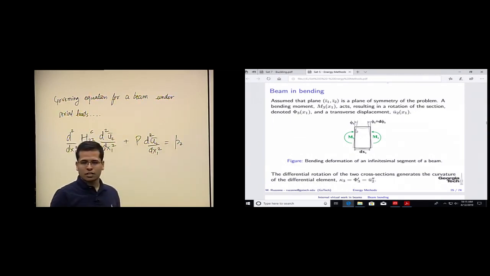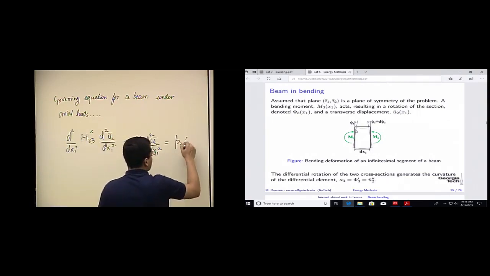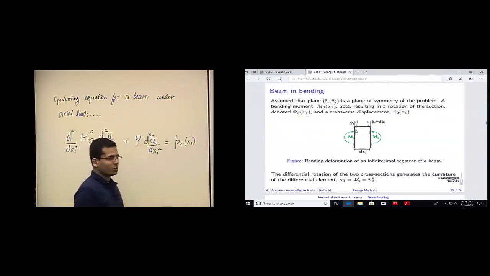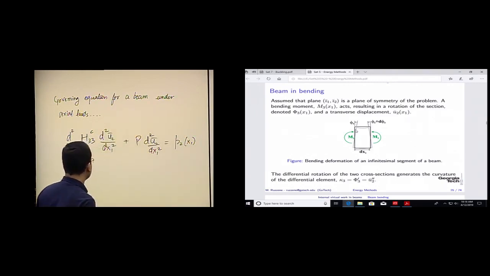If there is a transverse distributed load applied, P2, which varies with respect to x1, for example, then we will have this equation. So we saw a derivation of this equation and the respective boundary conditions in the last class using Newton's method.